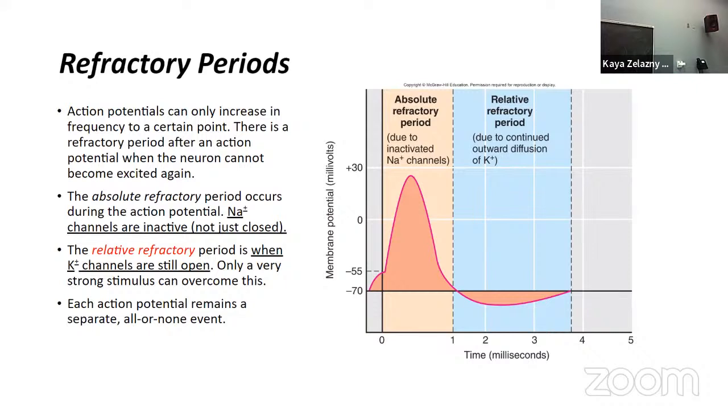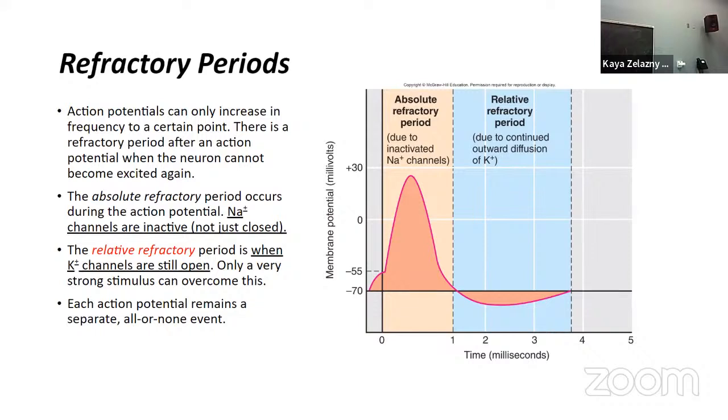There's a maximum frequency, the maximum speed at which we can send off action potentials. There's a certain point at which the neuron is just not able to send action potentials any closer together than that. And that's because we have something called a refractory period. So a period of time where the neuron cannot become excited again.